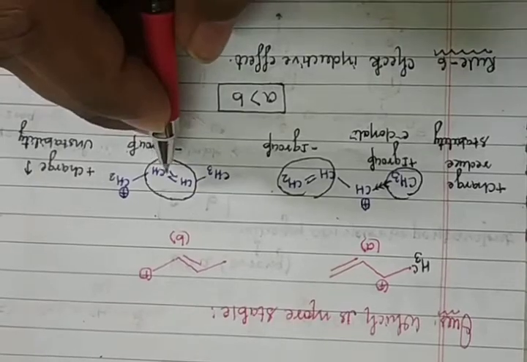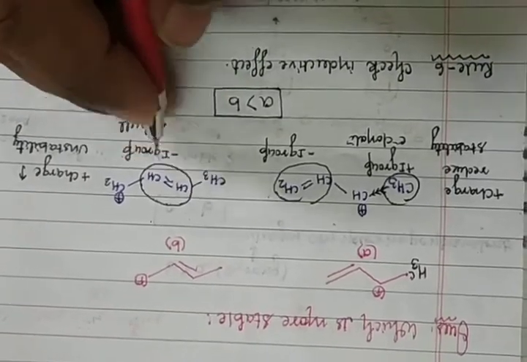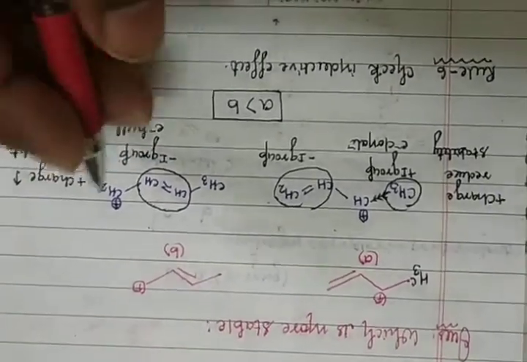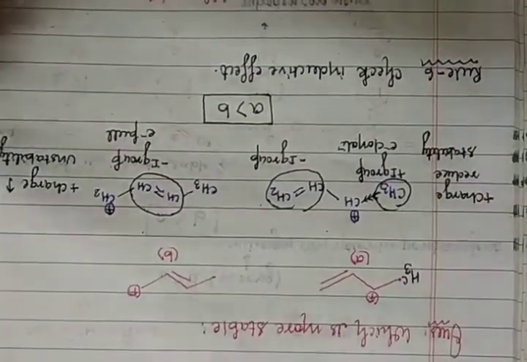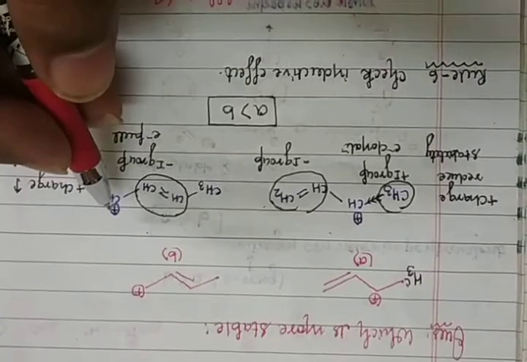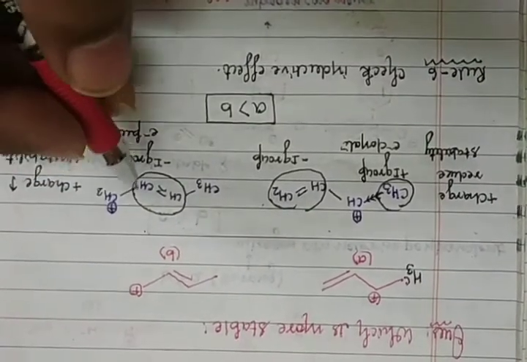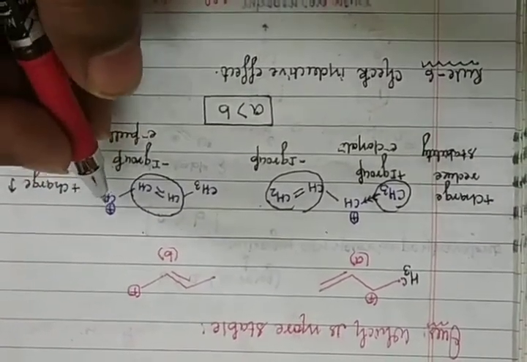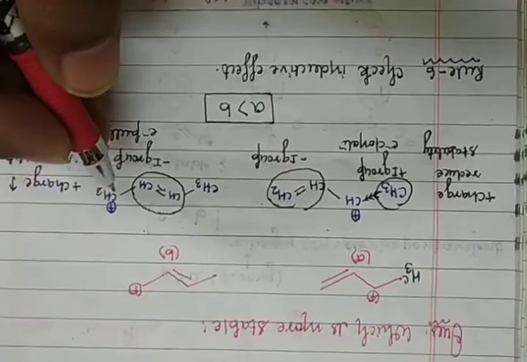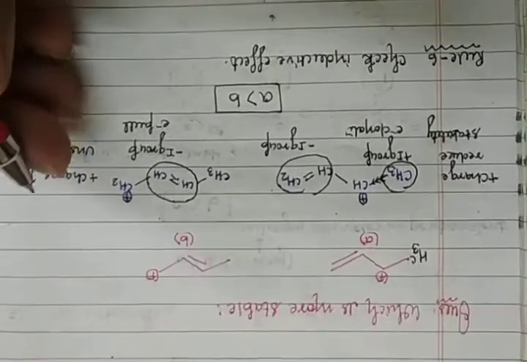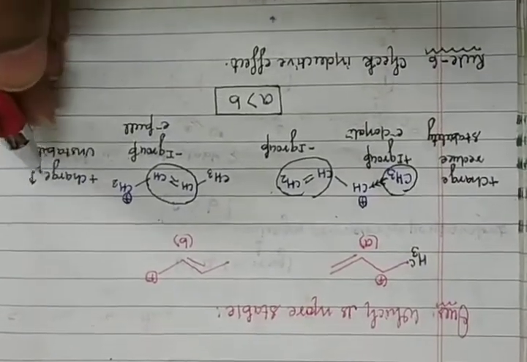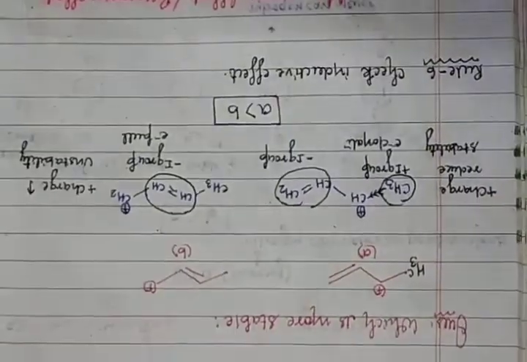So what is the work of minus I? It is an electron withdrawing group. Already carbon has a positive charge, it is electron deficient, so how can carbon donate electrons to this group? So instability is there. Charge increases, instability increases.